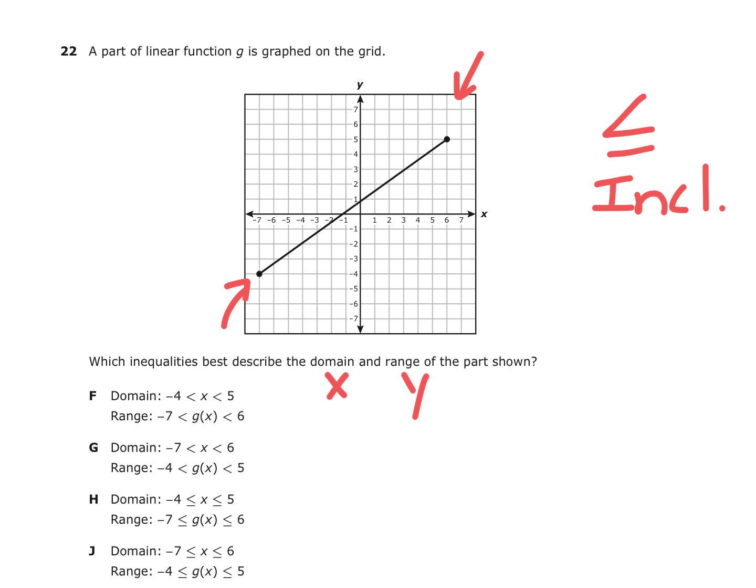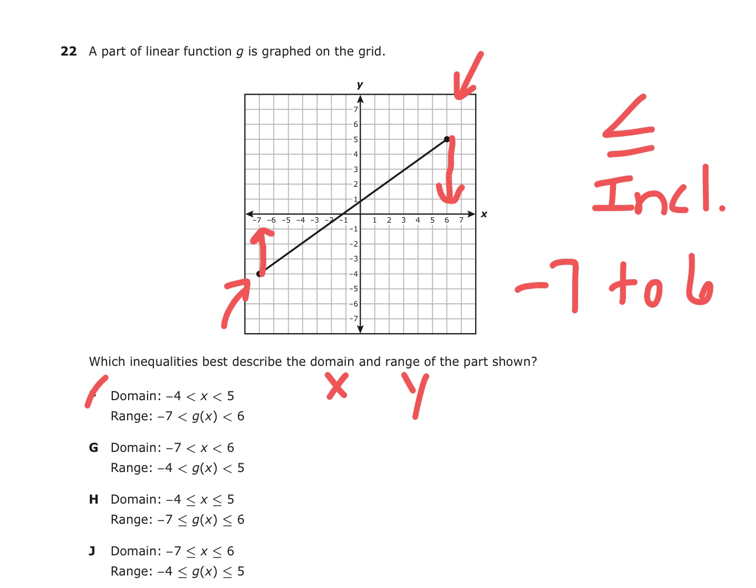So let's look at the x values. Right here, the x value is -7, and here it goes up to 6. So we're looking at a domain from -7 to 6, and we want to include those. Let's look at the domain choices. I don't think F makes sense, -4 to 5.